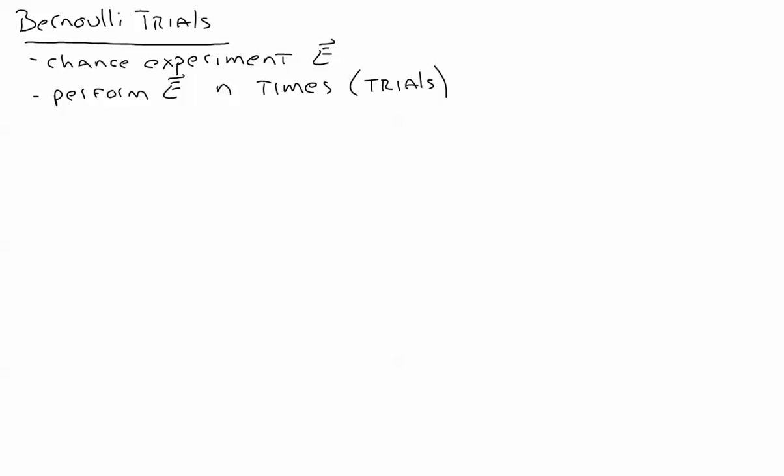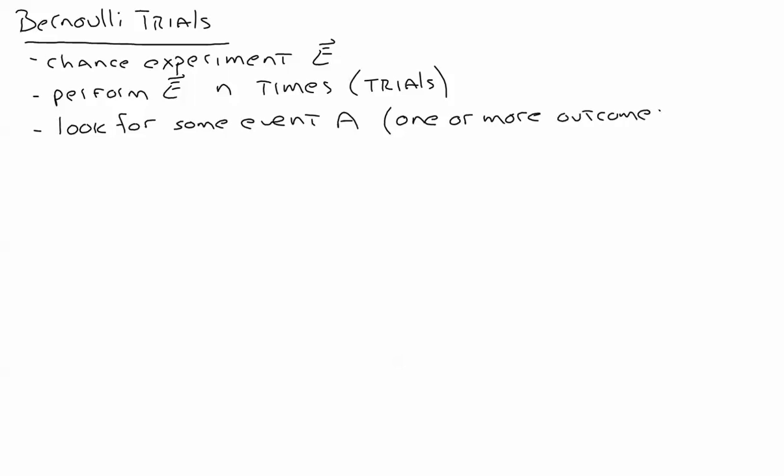All right, and we're going to be looking for some interesting event A. And event A, of course, may have one or more outcomes. So we have some chance experiment E, we perform it N trials, and we look for some event A which may have one or more outcomes.